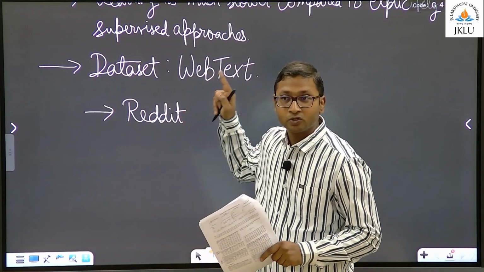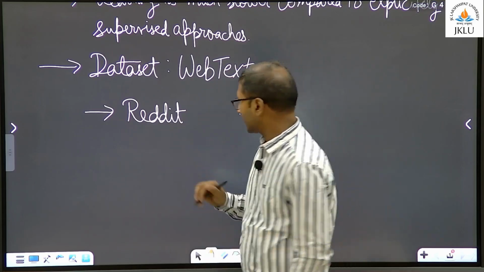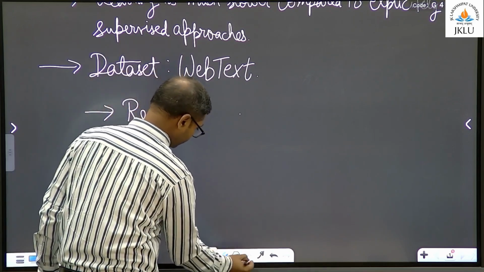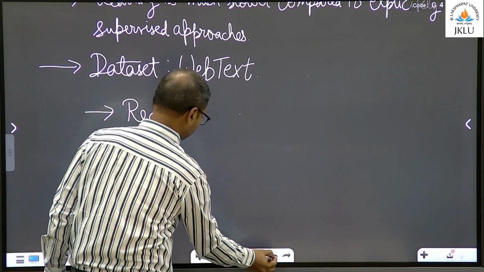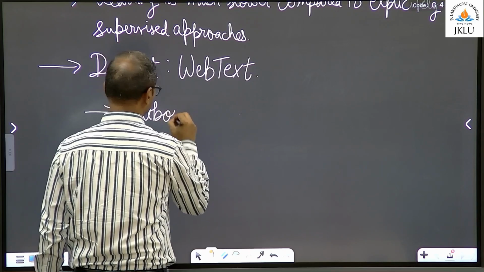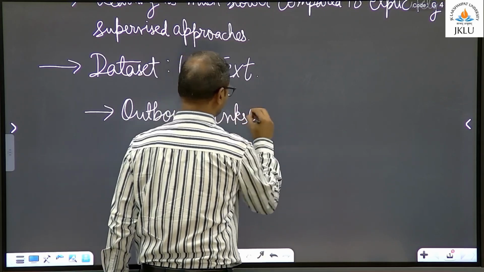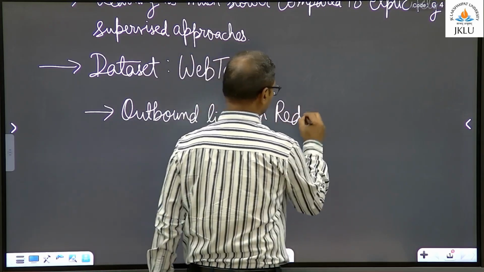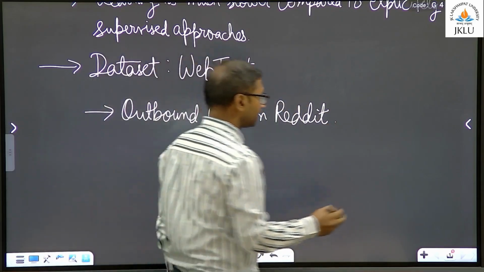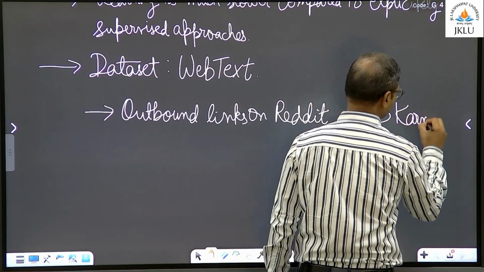No. So all those outbound links from Reddit, so maybe okay, that was not the right thing. So outbound links on Reddit with greater than or equal to 3 karmas. I have no idea what are they.